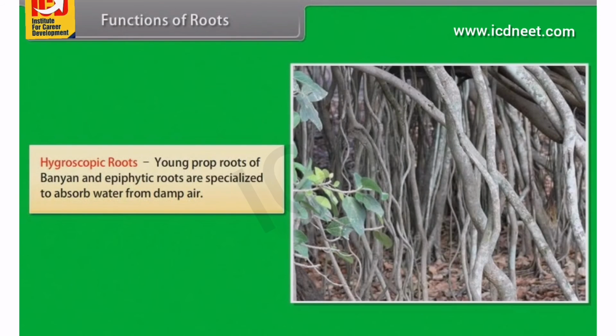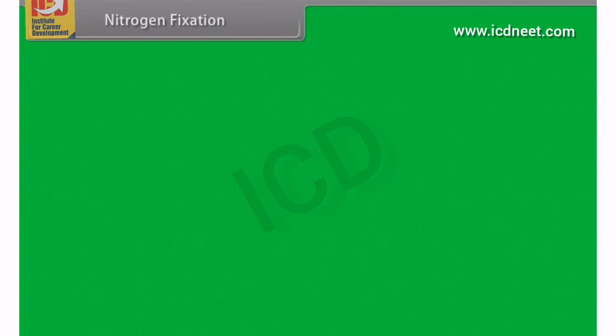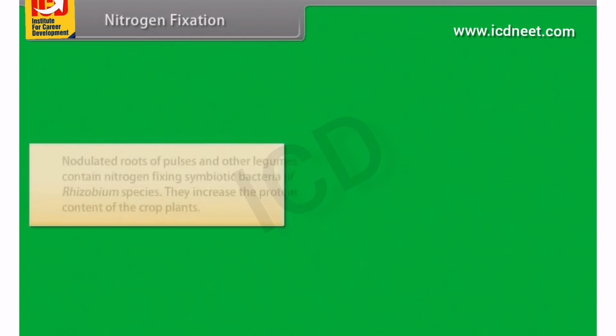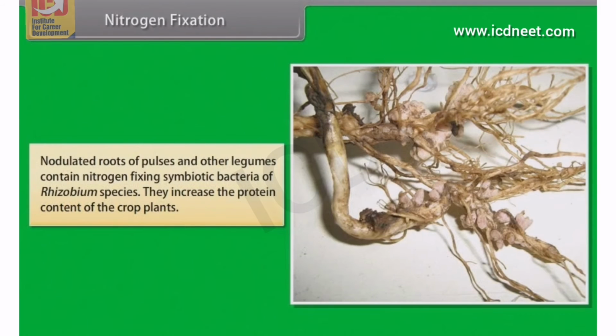Hygroscopic roots: young prop roots of banyan and epiphytic roots are specialized to absorb water from damp air.